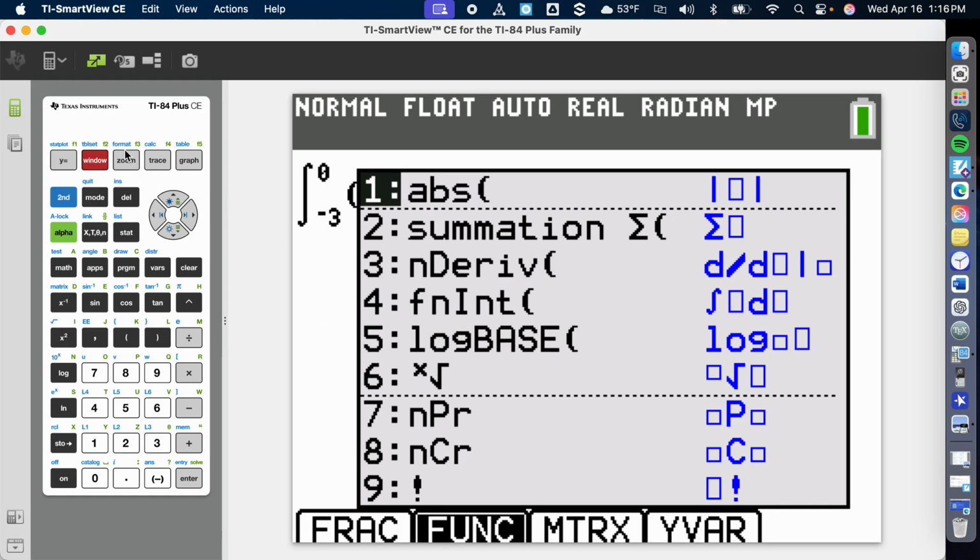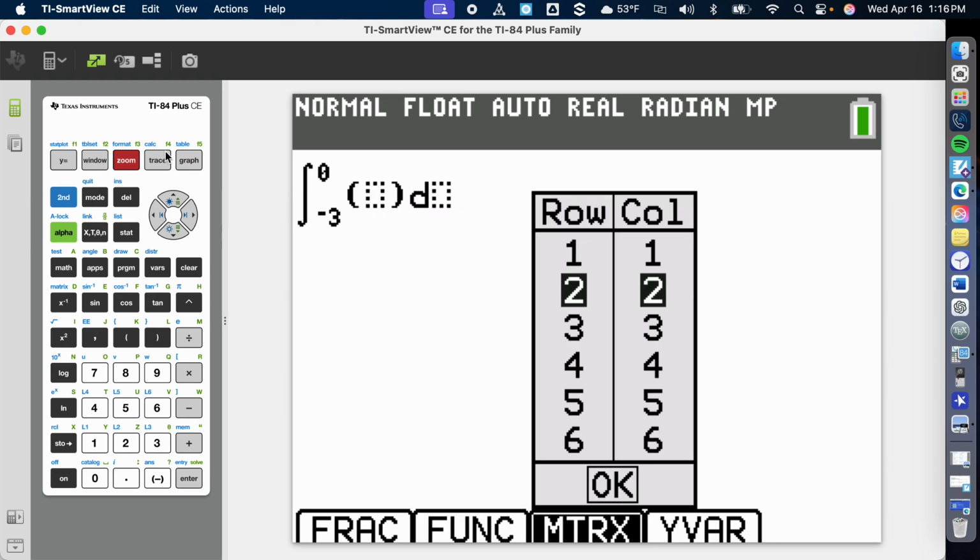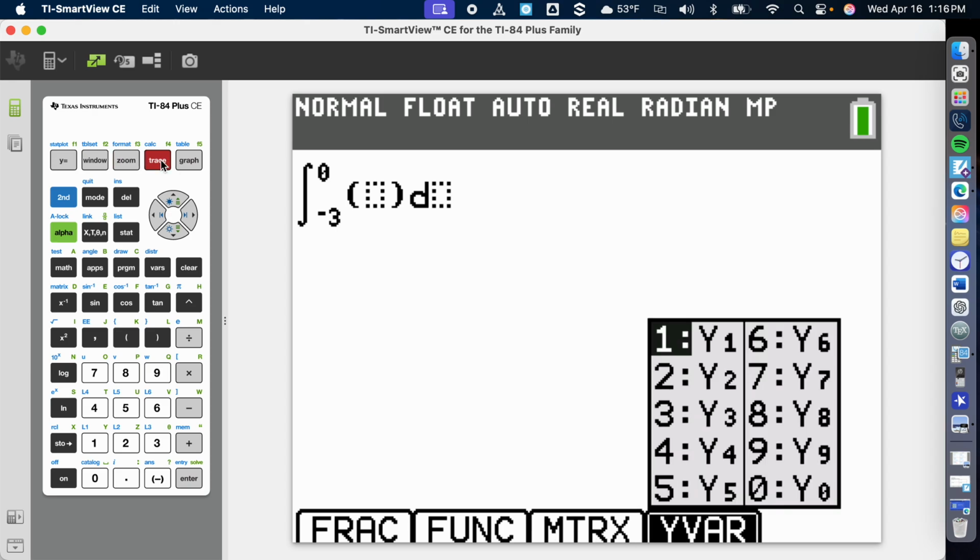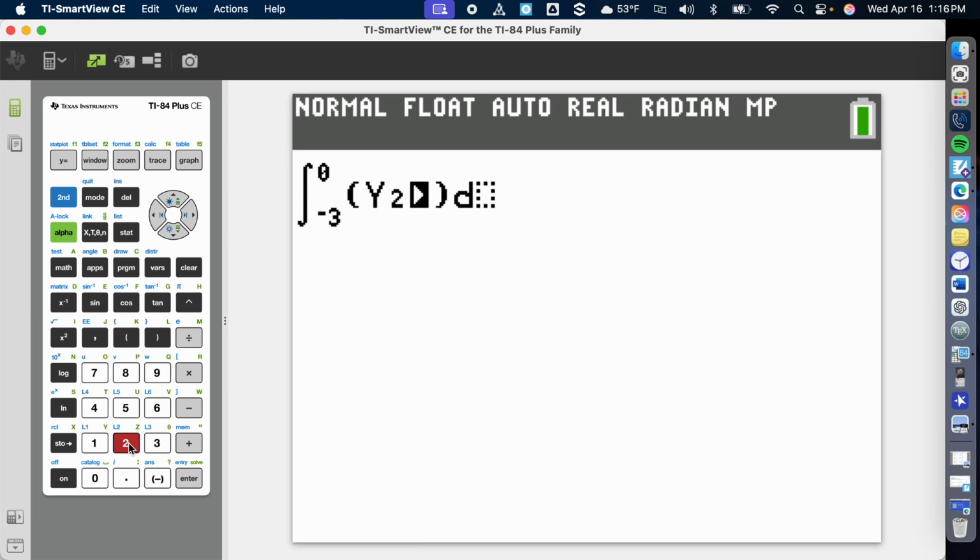If you click zoom, I believe it'll move over to the matrix menu. And then if you hit trace, it'll go over to the Y variable menu. And so I can click Y2, like number 2, and then I don't have to find Y2 somewhere else.